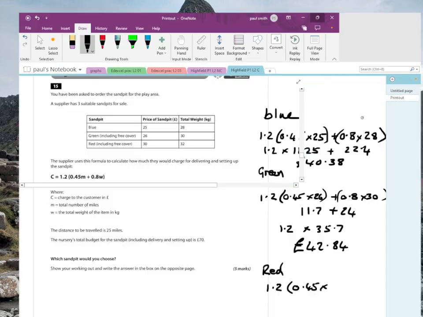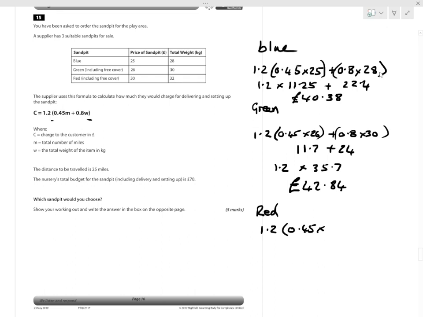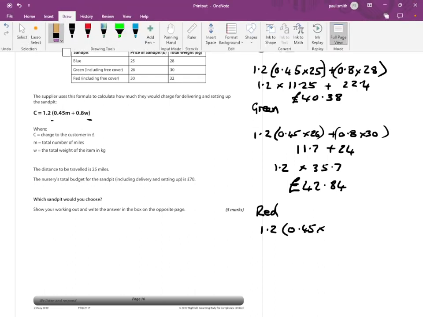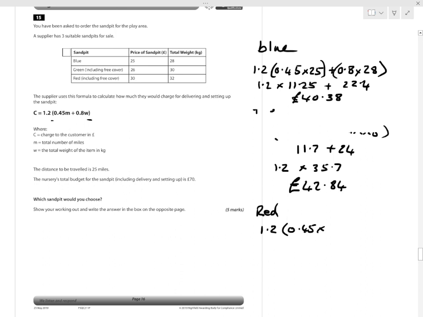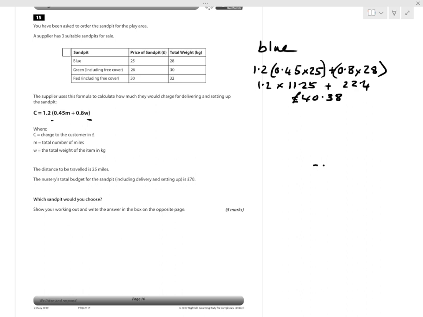Let's go back to this. Making a proper hash of this one. So that's delivering and setting up, plus £25, is £65.38 for the blue one.